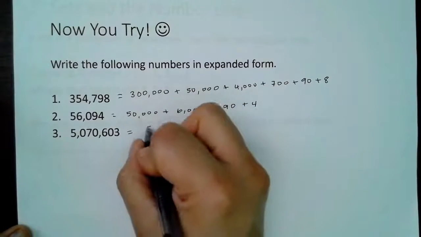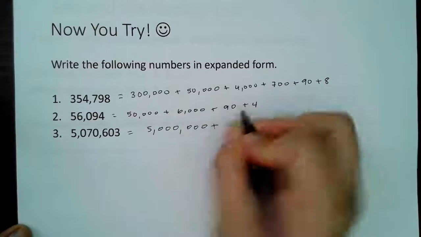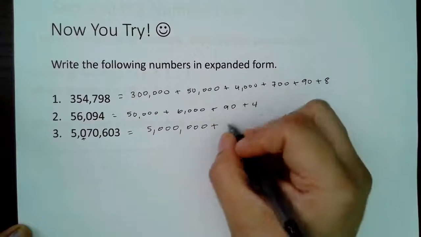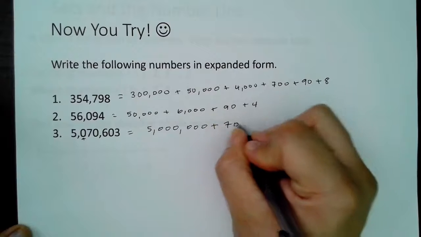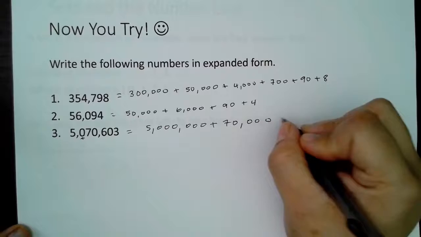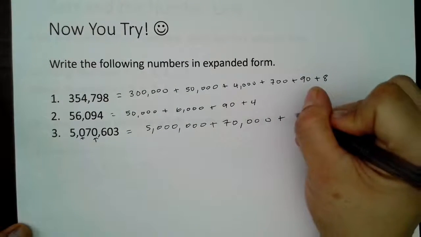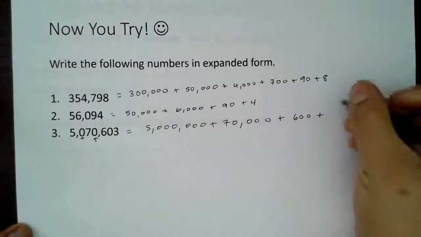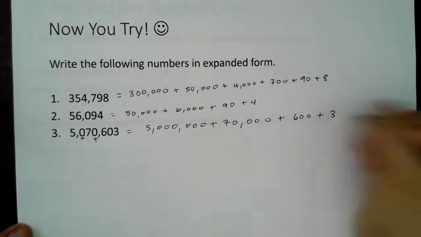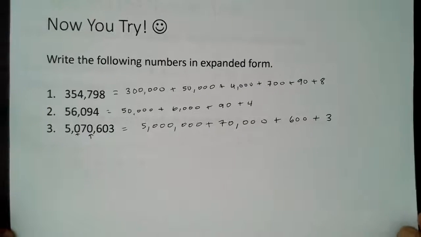And finally you would have 5 million, plus 0 in the 100,000s place, so we'll just leave that, 70,000, and then there's none in the thousands place, so we wouldn't write one for that, plus 600, and then plus 3. Okay, so hopefully that's what you also got.